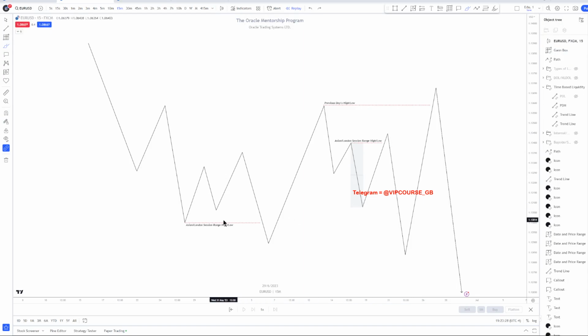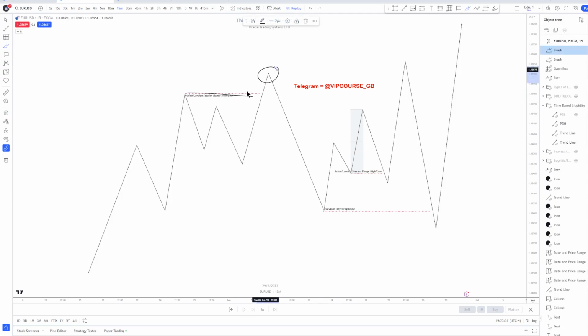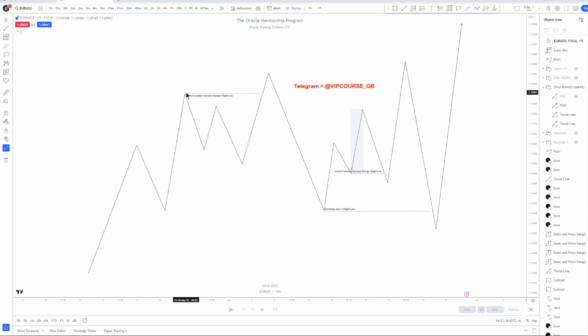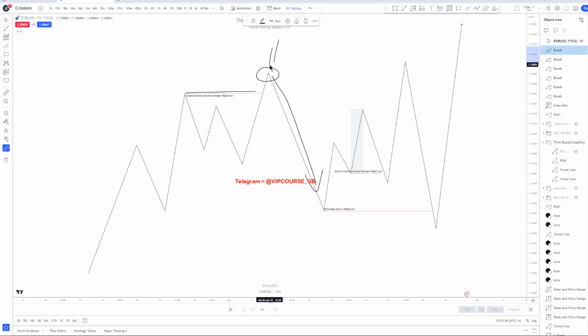If I invert the chart now, for example here, if we expect lower prices from here, we can look for a manipulation of a high above this and expect lower prices, and potentially look for trades.